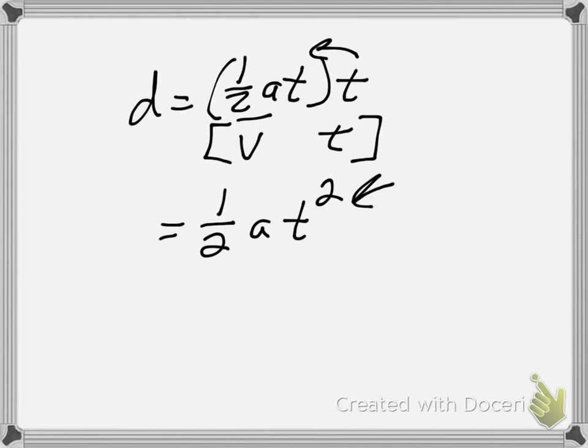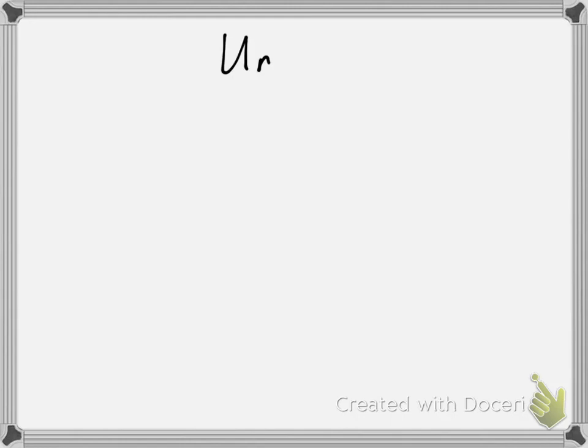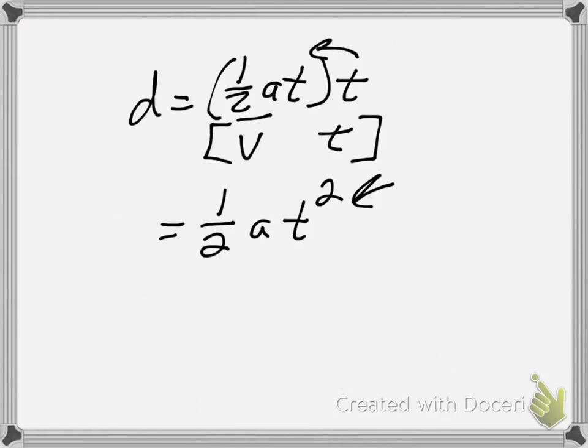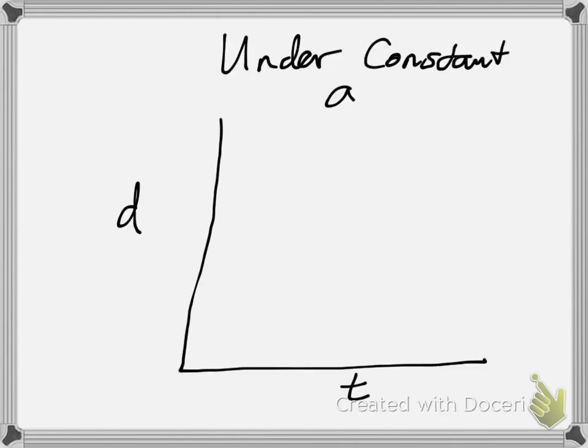So under constant acceleration, if I graph distance versus time, then because this is squared, my line will not be a straight line.